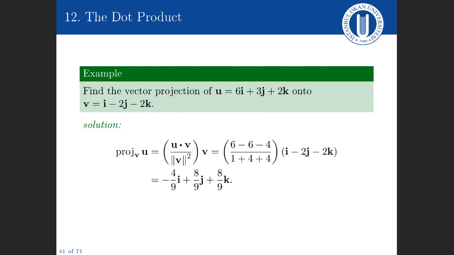I'm going to skip ahead. I'm going to leave this for you to check. If you put the numbers into this formula, the answer that you get is minus 4 over 9 i plus 8 over 9 j plus 8 over 9 k. Again, please take the time to double check this calculation is correct when you rewatch these videos or when you read the lecture notes.